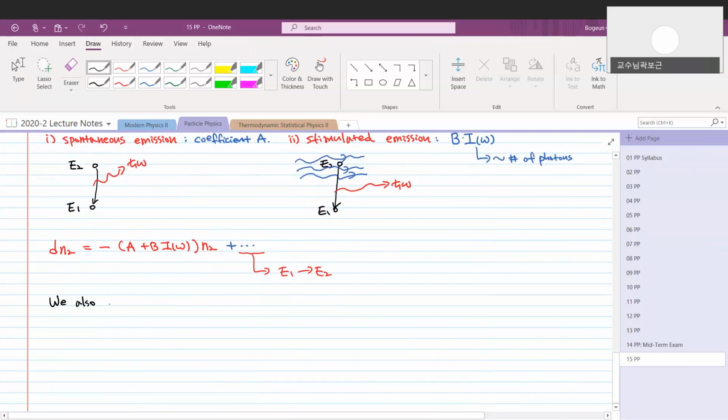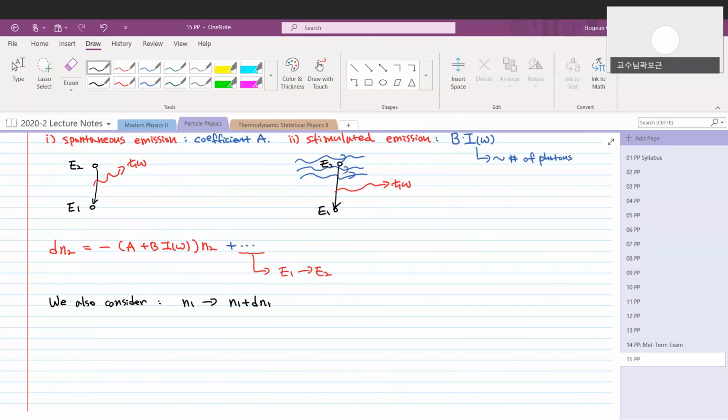We also consider the change in N1, dN1. But in this case, there is no spontaneous emission, because E1 is the lowest state in this system, so it cannot emit photons.